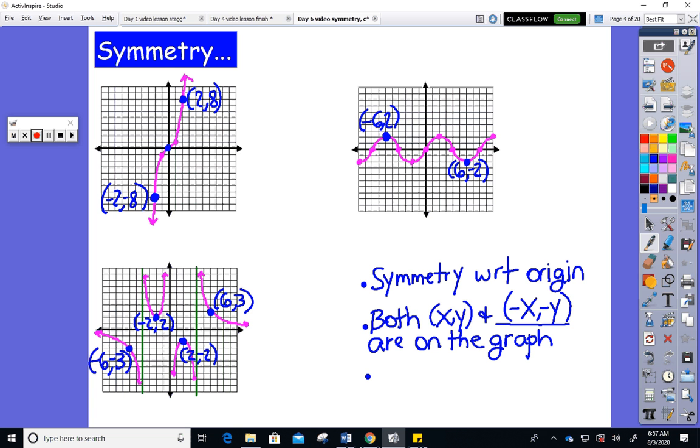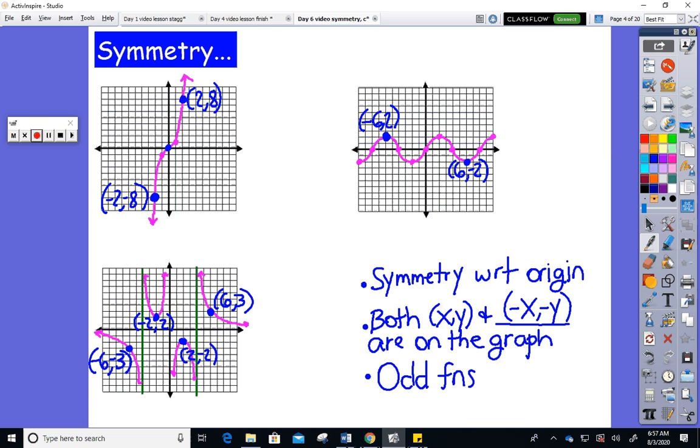So if your right hand goes right x and up y, your left hand needs to go left x and down y. If your right hand goes right x and down y, your left hand's going to go left x and up y. So these can be functions, and if these are functions, they are odd functions.